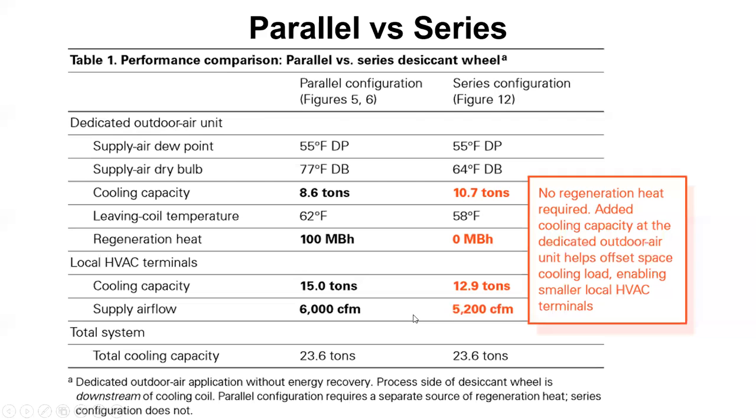So the supply airflow on that interior system goes from 6,000 to 5,200 CFM, so there's fan energy savings there. And the total cooling capacity is the same on both systems. That gives you a pretty good comparison of the old way of doing business versus the new way with the type 3 desiccants.